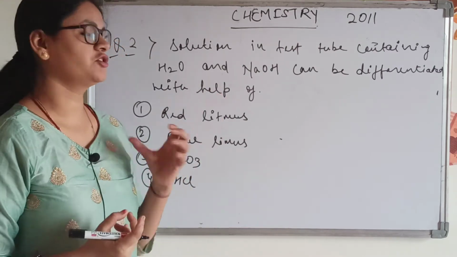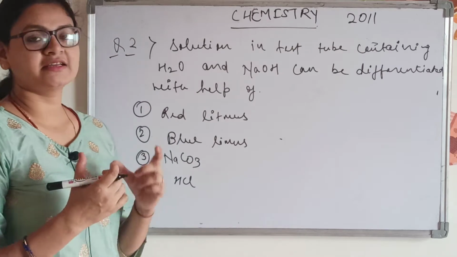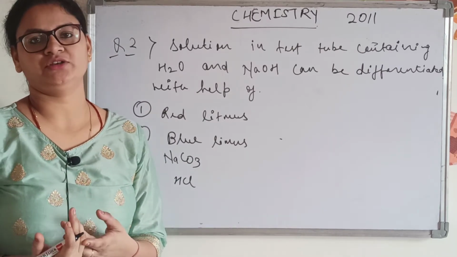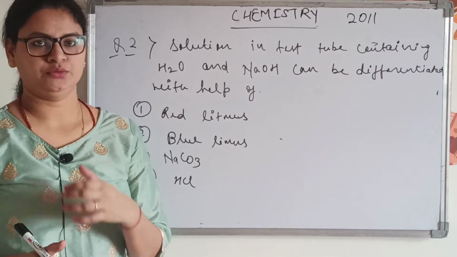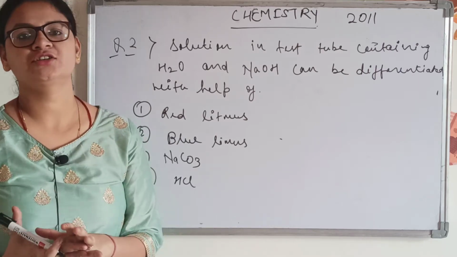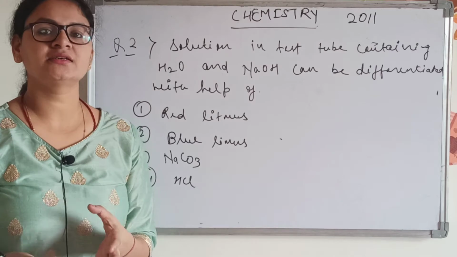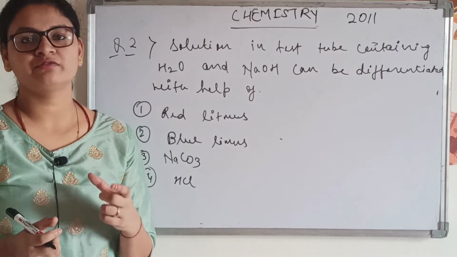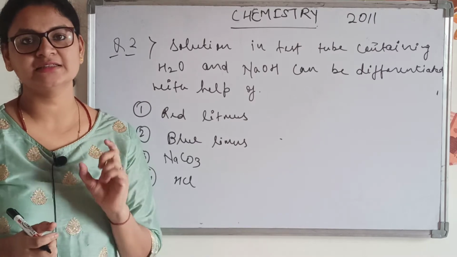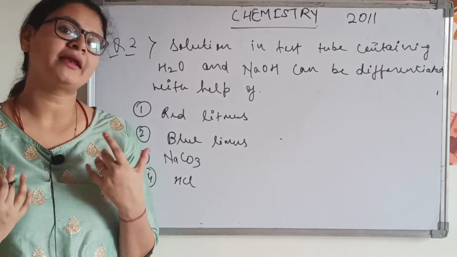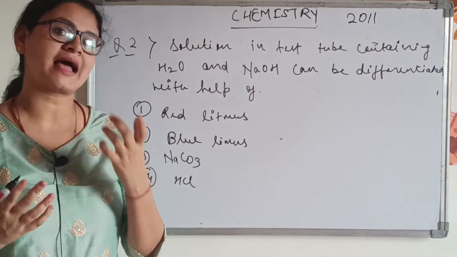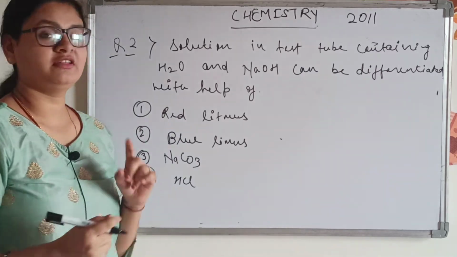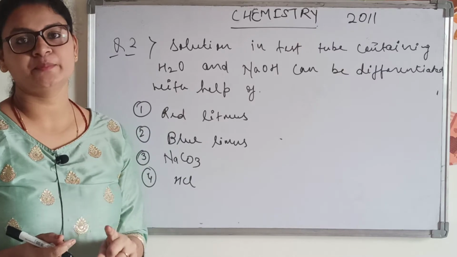In this question, in a test tube we have taken water and the base NaOH. I give it to you without your knowledge and ask which type of liquid is present. You have to identify whether it is acid or base. The first thing you will do is the litmus test.